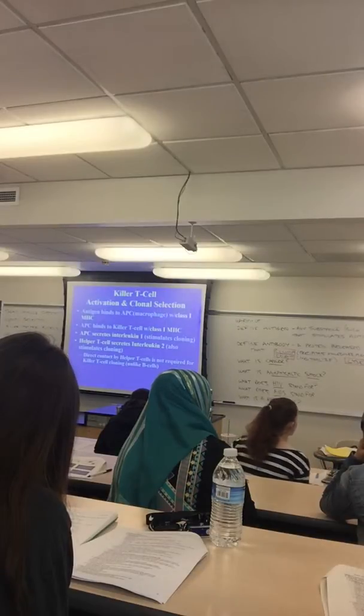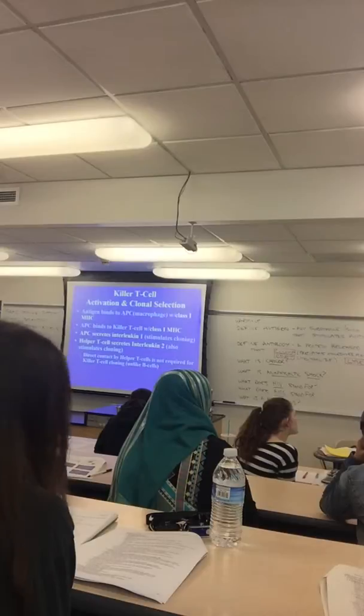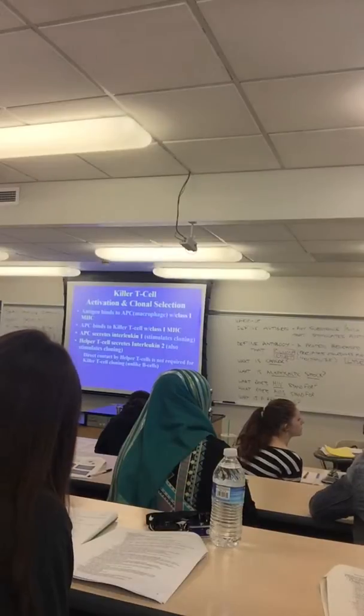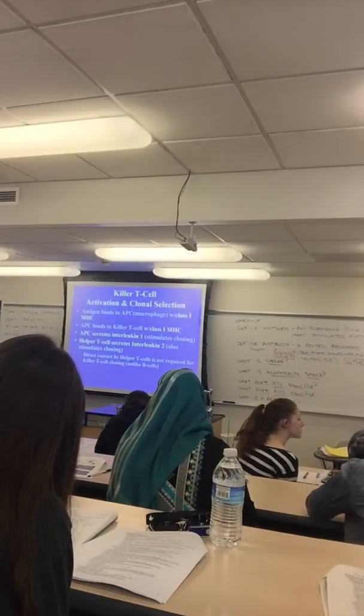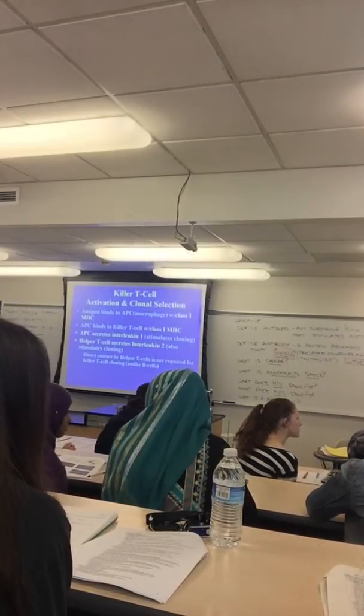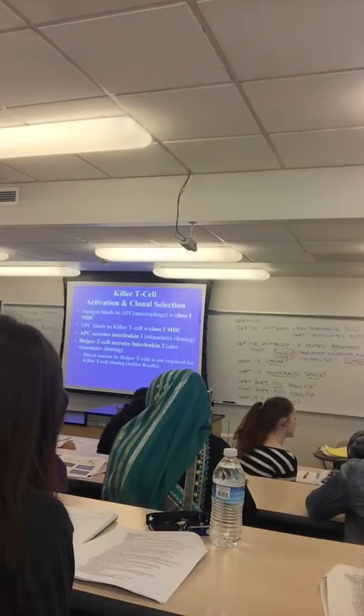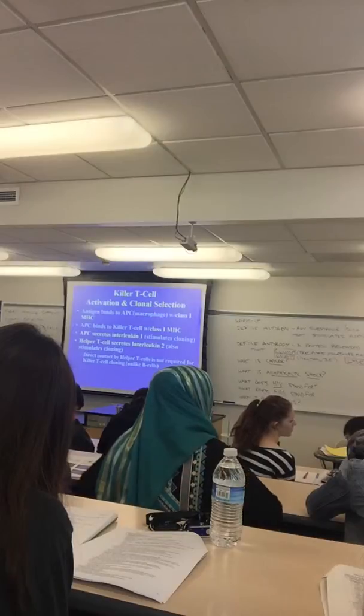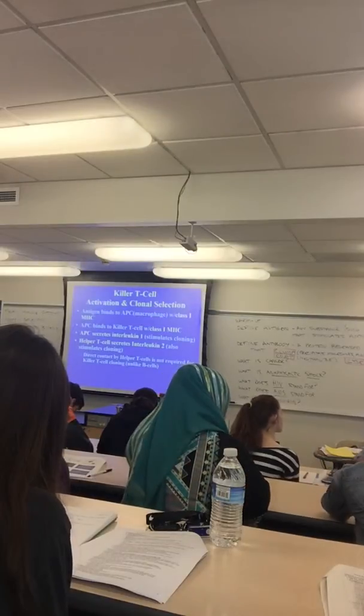I better stay consistent. But you have to realize that an APC is often a macrophage. So that could be confusing to you if we're both using different terms. APC secretes interleukin 1.